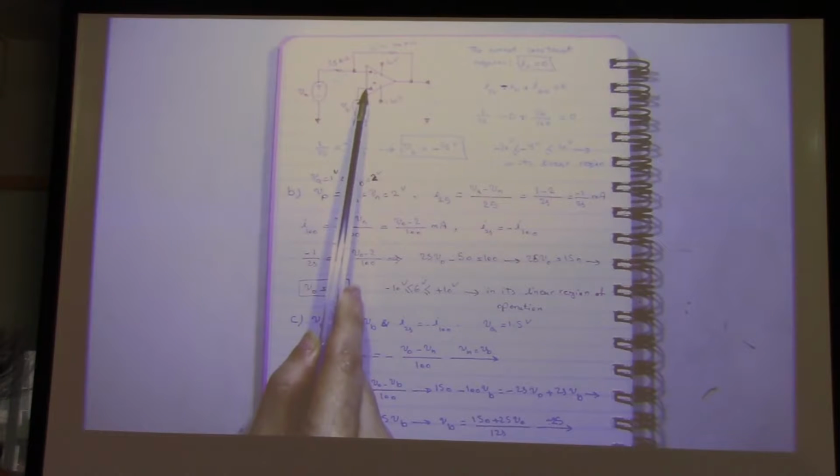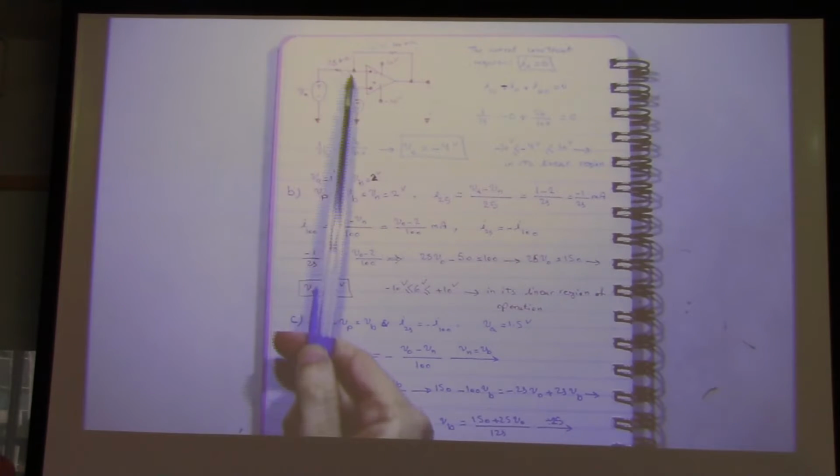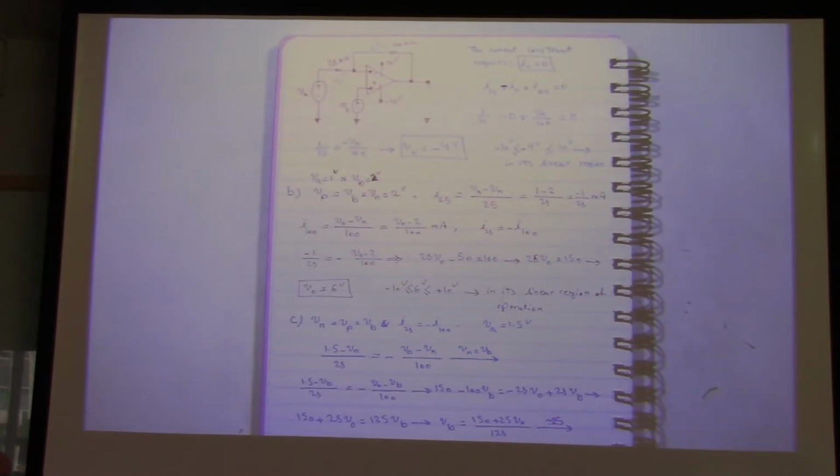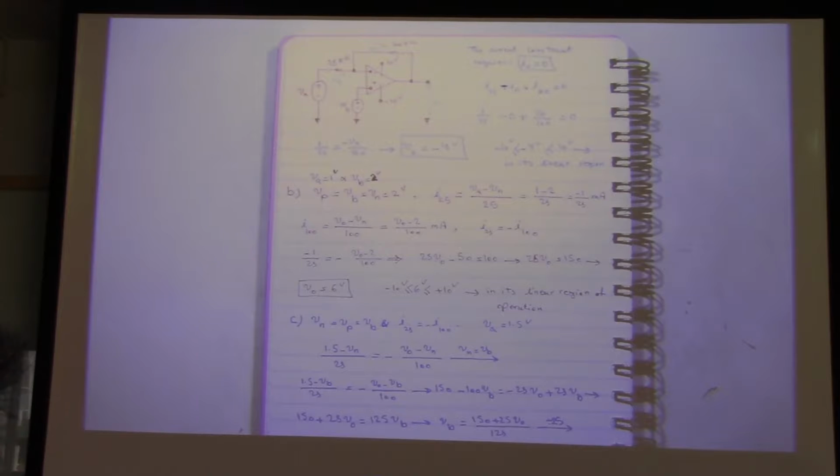Here, we call it IP. Actually, it has no meaning if you say this IN is exactly 0. Just to make it simple to analyze the circuit, we say it's 0. It's about 0. We have a very, very small amount of current over there.